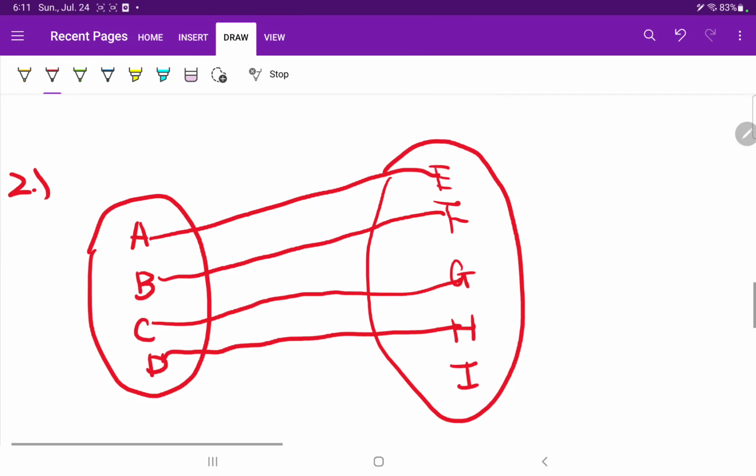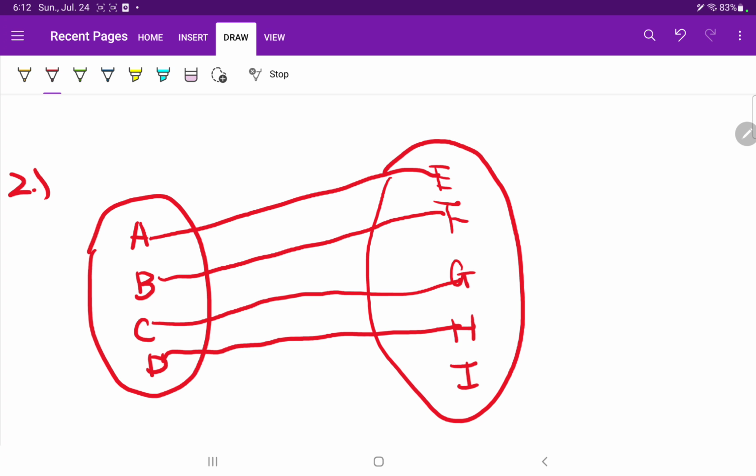On number two, we have A, B, C, D as usual, and we have E, F, G, H, and then there's an I that is not related to anything. So what is this? Pause the video and think about it. Well, this is in fact injective, because as you can see, every element in B has at most one corresponding element in A, right?